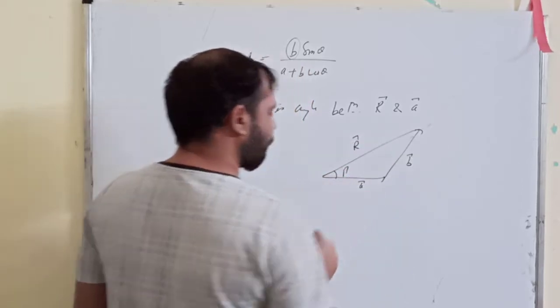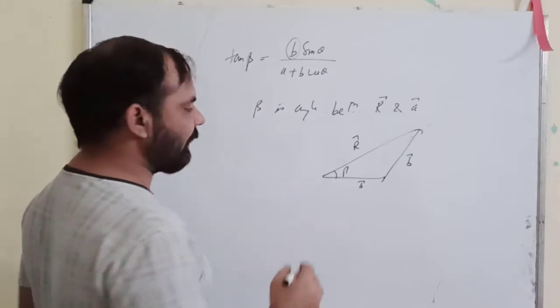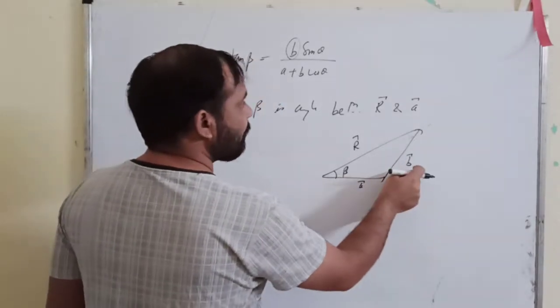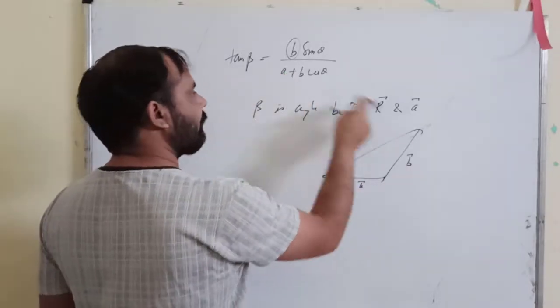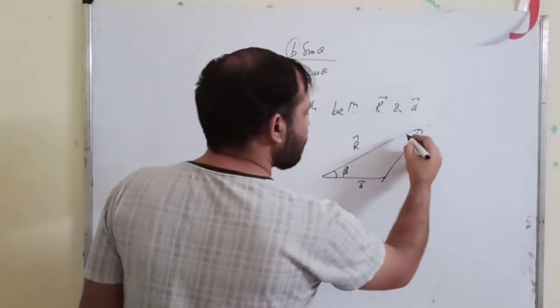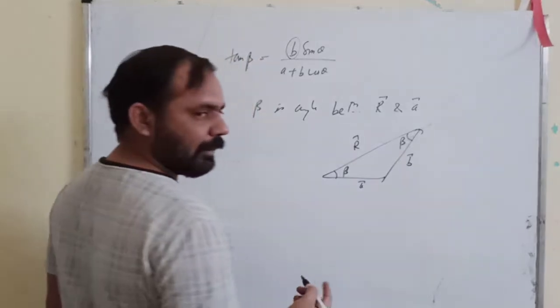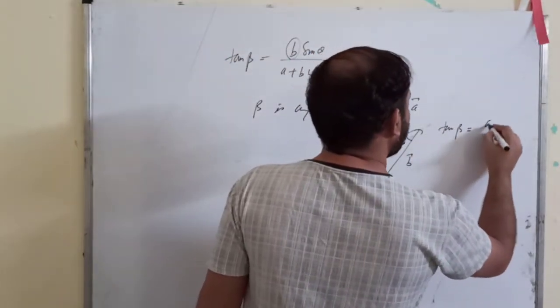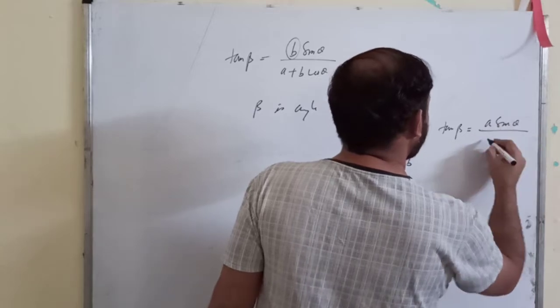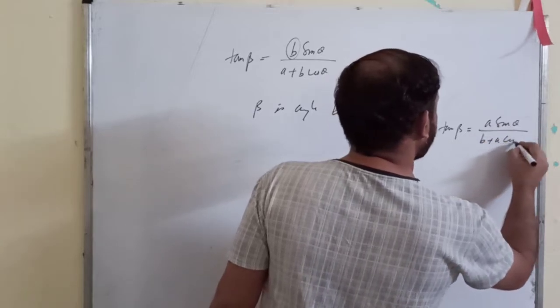This is beta, right? If here you take the beta angle, then this vector here, sin theta, then this vector here, then this cos theta. If suppose you are finding beta here, then the formula will change. Then tan beta will be equal to A sin theta upon B plus A cos theta.